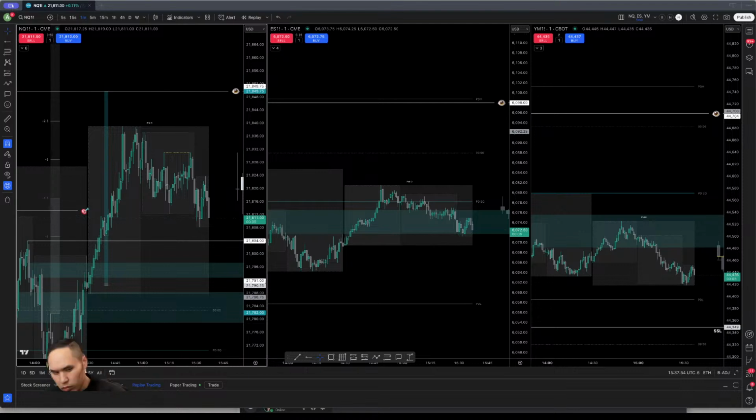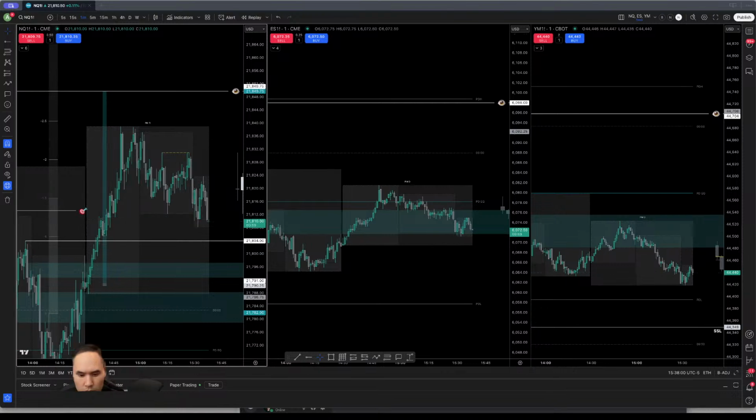Originally, I'm basically looking at S&P, at my point of interest. My point of interest was because we closed above this CB. I was looking to trade from it because, in my opinion, we were going higher.